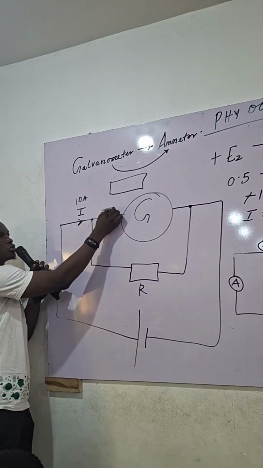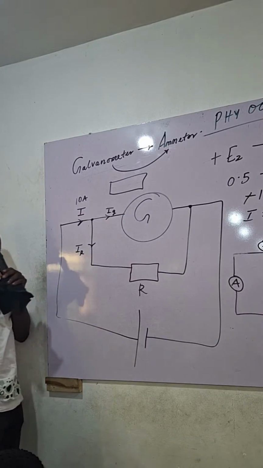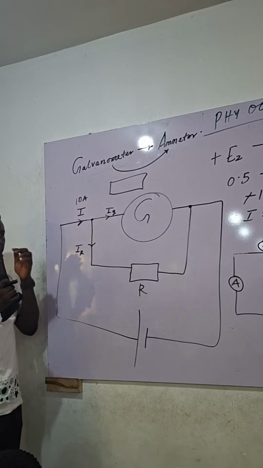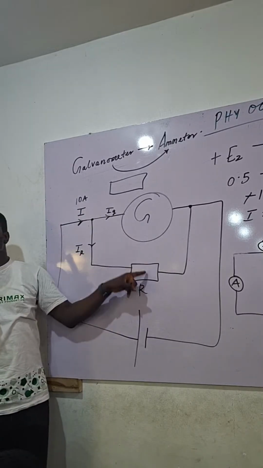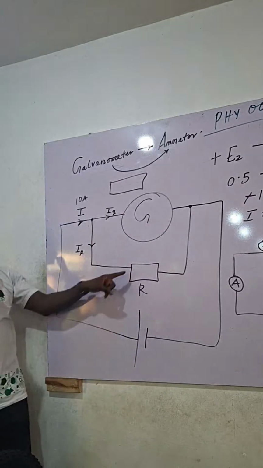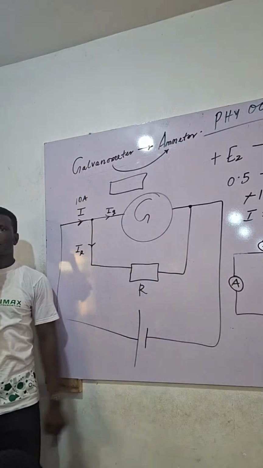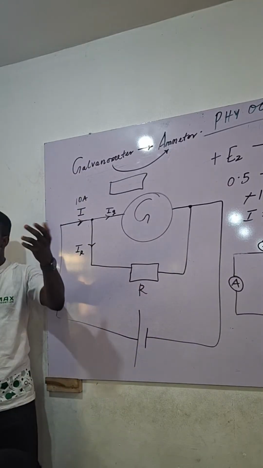Current will go through the galvanometer and current will go through the resistor. Abi? Now, the next question they can ask you. This resistor you have plugged to this galvanometer, you have gotten the answer that it should be parallel. The next question, should it be a high resistance or a low resistance?